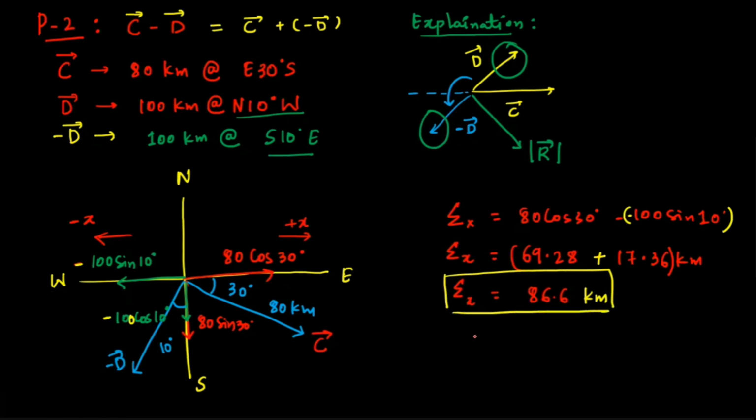Similarly, we will find out along y-axis. Now just look at it and tell me. There are two vectors, 80 sine 30 and another minus 100 cos 10. So just think of this and tell me what we are actually going to do here.